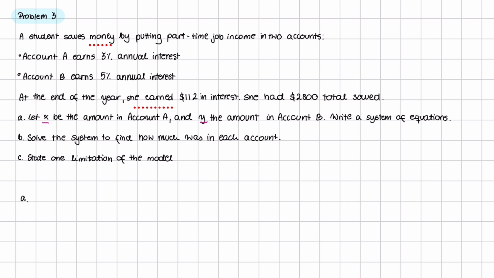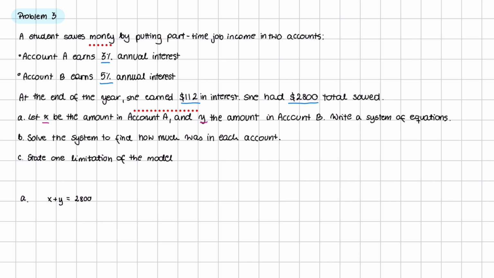And very important information is also this, and this. Because firstly, we have $2,800 total saved, and our x is the amount in account A and y is the amount in account B. So our two amounts in two accounts equal our total amount saved, so 2,800.